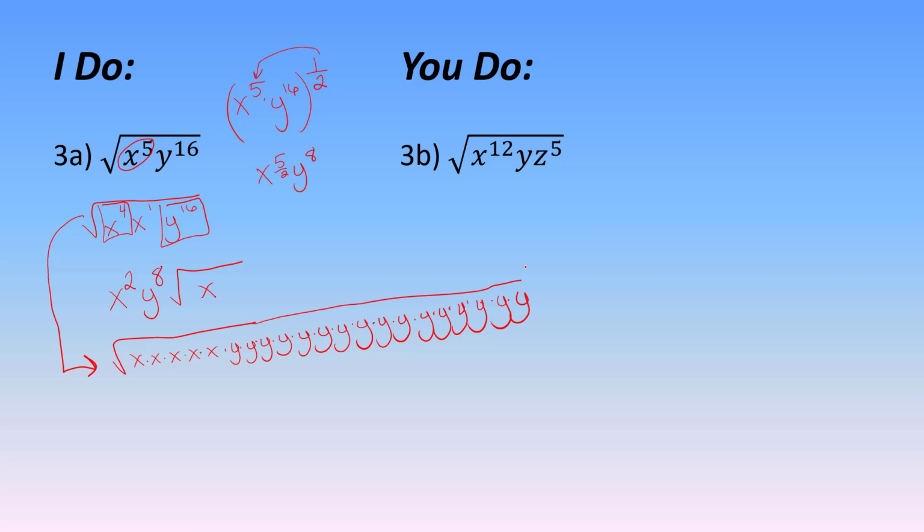That's an awful lot of y's. And now we would circle our pairs. I have a pair there, which means I can pull out an x times x.